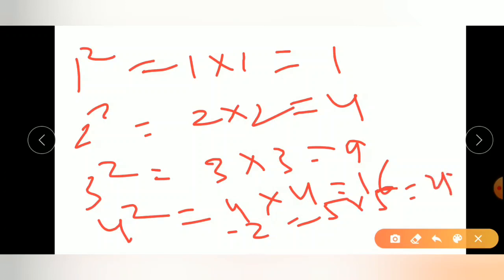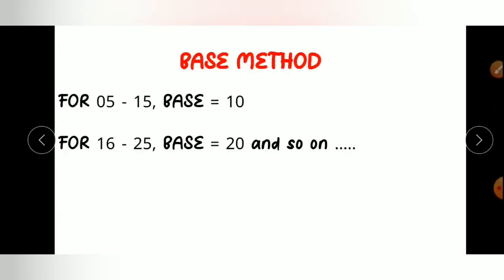Now I am going to give some tricks about the squares of other numbers. If we remember these 5 squares, then we can get the square of all the numbers. One method is the base method.